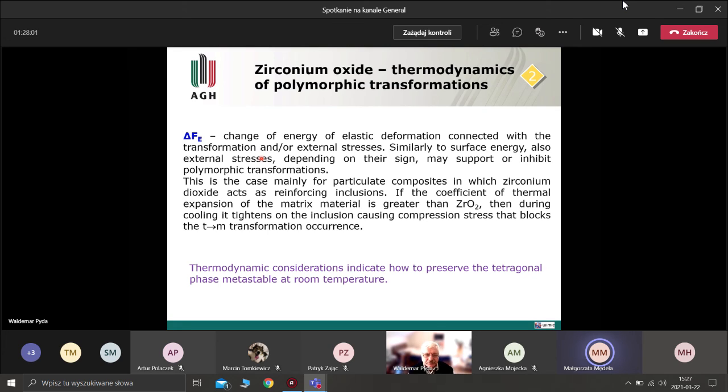Yes, 4 or 5%. This is the change in volume. The grain which transformed into the monoclinic phase, forming twins, always changes its volume by 4 or 5%. And is this the source of deformation? The deformation of the structure?